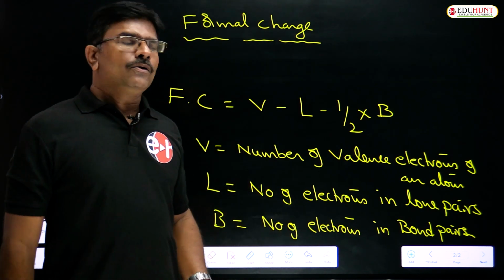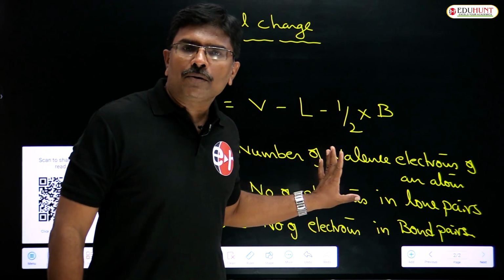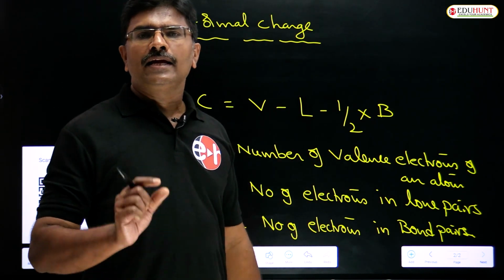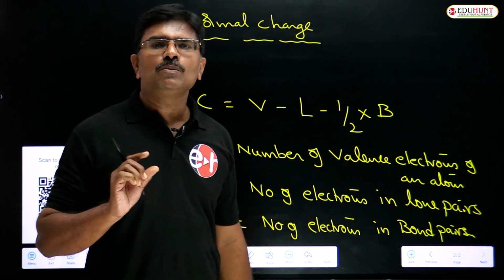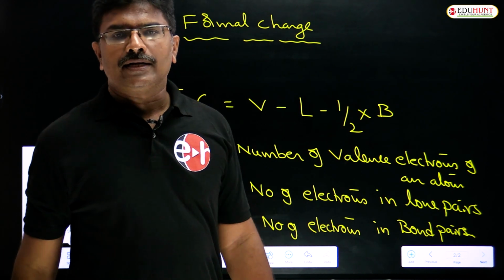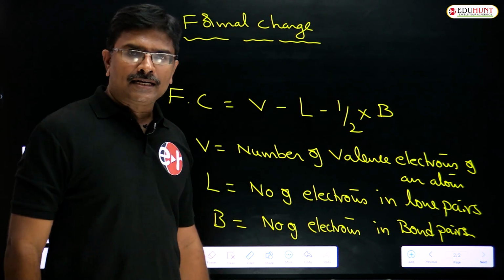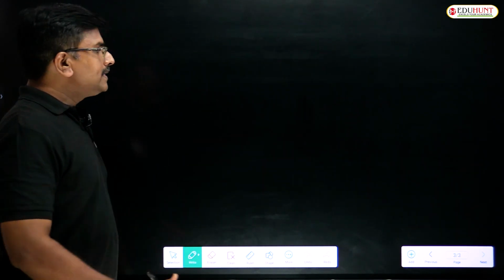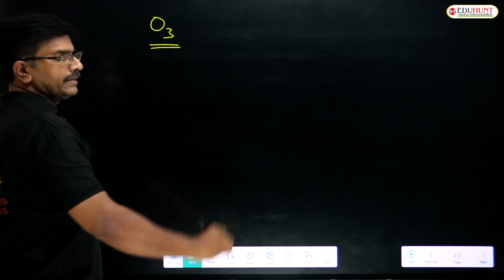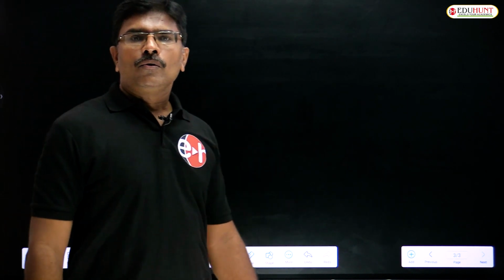Now we are going to apply this formula in a calculation. For that purpose, we are considering a simple molecule, the ozone molecule, written in the Lewis dot format. Please observe, dear students, the ozone formula is O3.